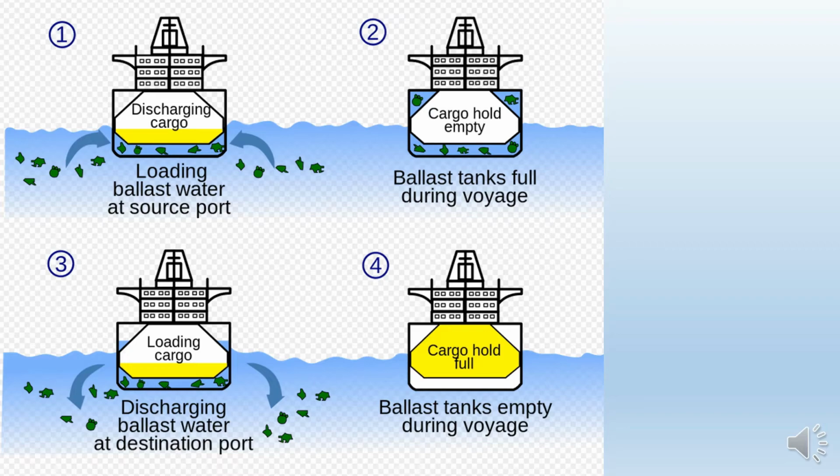Now this is the second case. The ship has moved from the port where it was unloaded, and now it is traveling to another port nearby. It has reached that second port, where it will be loaded again. That scenario is explained in the third stage, that is loading of cargo.